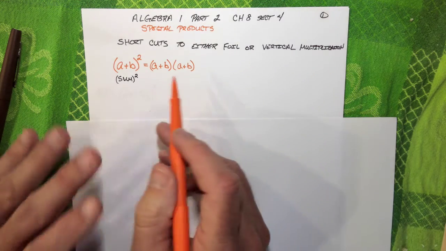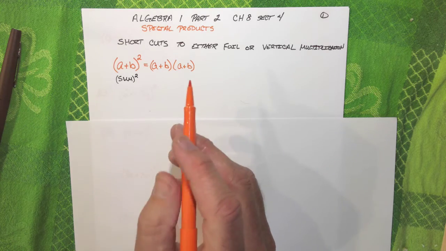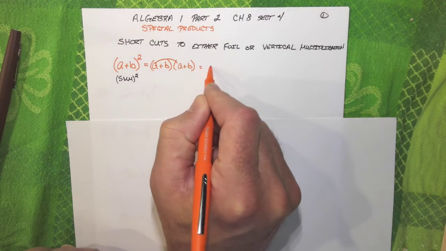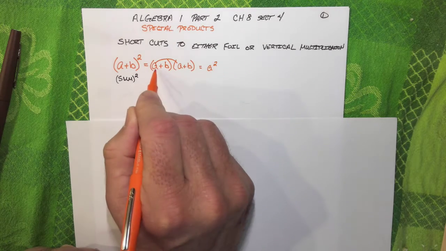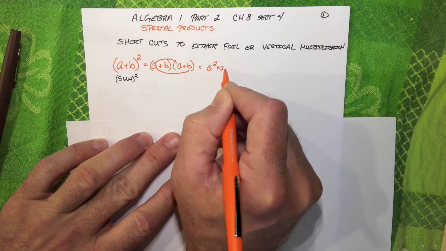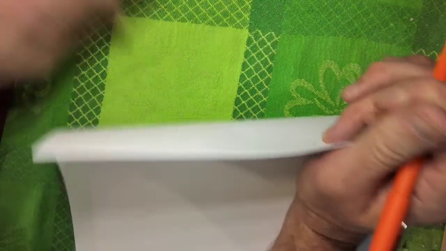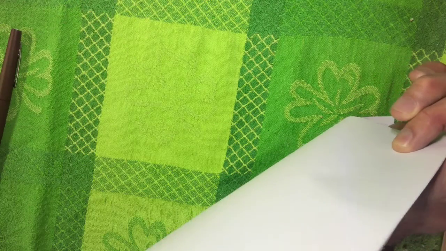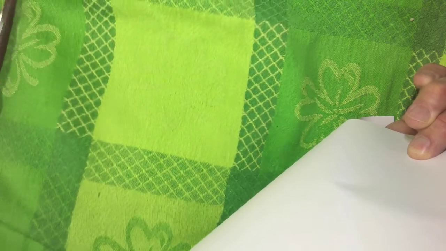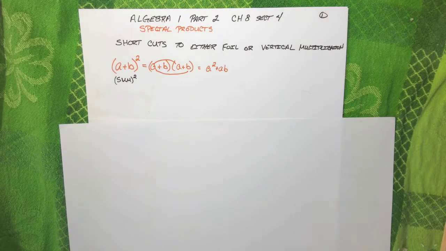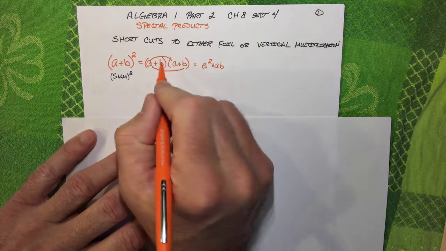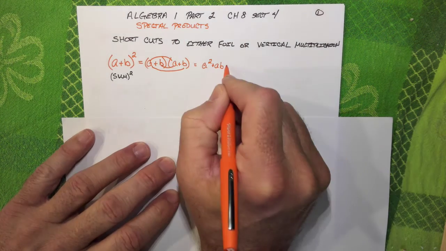Okay, so I'm going to go back and use FOIL to say a times a, a squared, a times b, and then a times b.